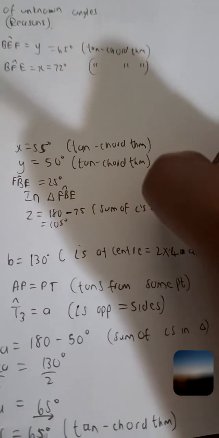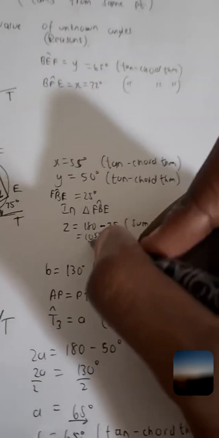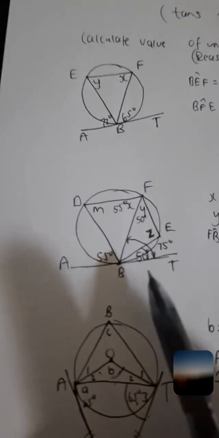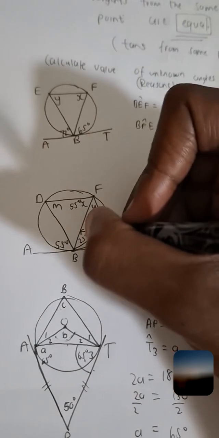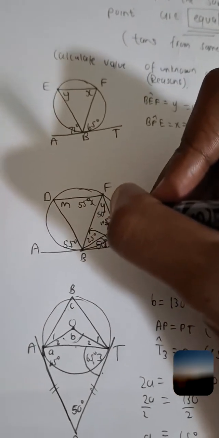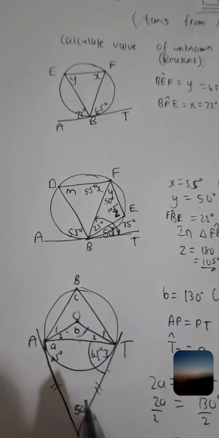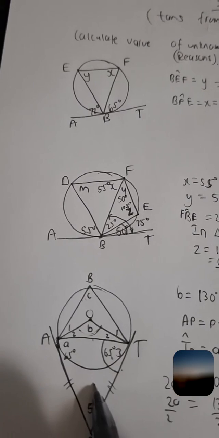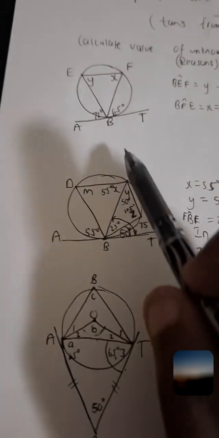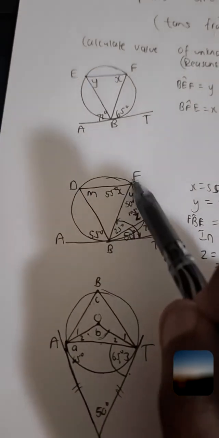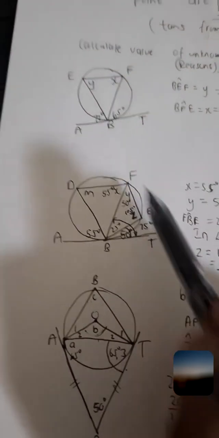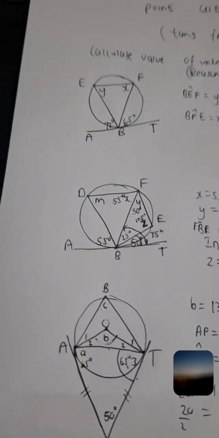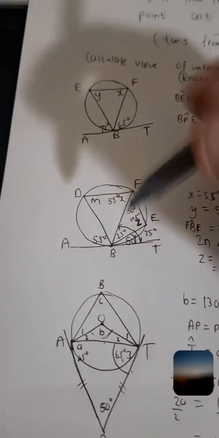So now we want to find the value of M, right? We said that DBEF is a cyclic quad, right, sir? Therefore, angle FEB plus angle BDF is equal to 180. Opposite angles of a cyclic quad are supplementary.